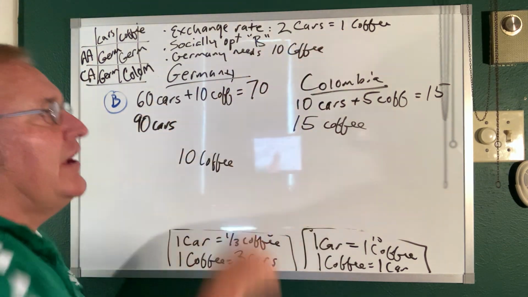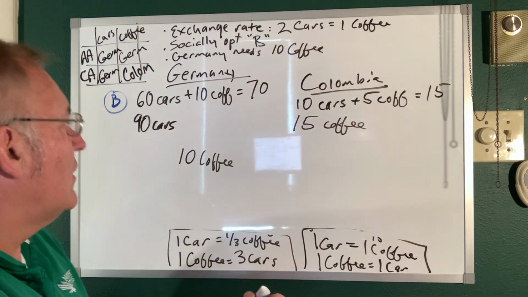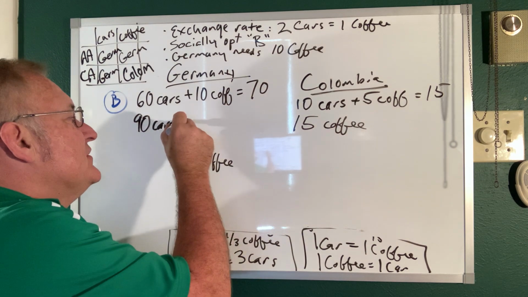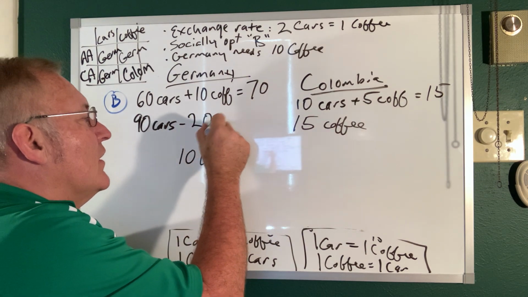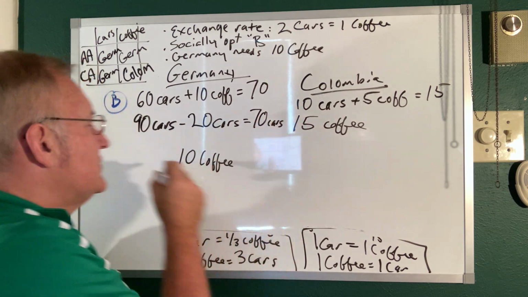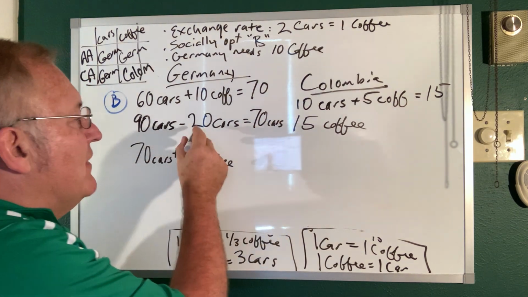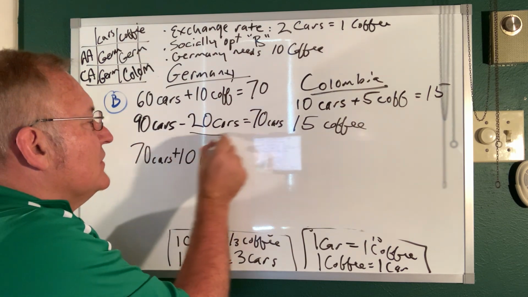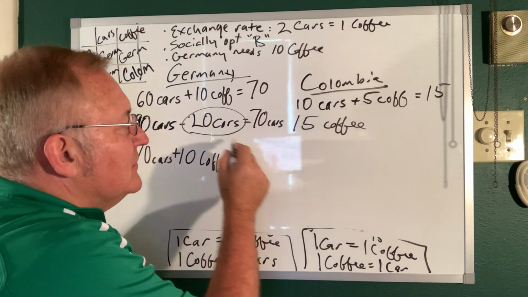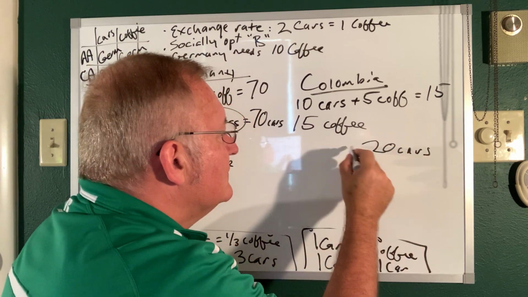Well, given our exchange rate, 10 units of coffee, it's going to be 20 cars. So we subtract 20 cars, and that leaves 70 cars. And this 20 units of cars is going to go over here, 20 cars.